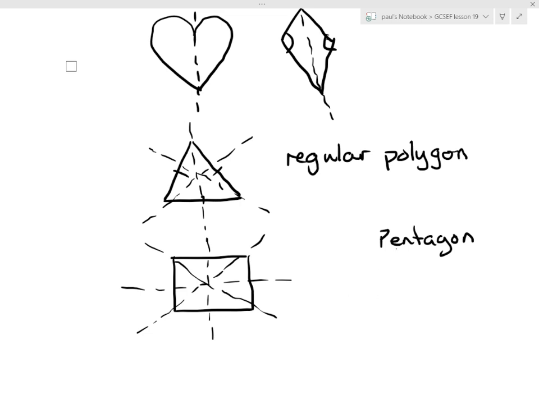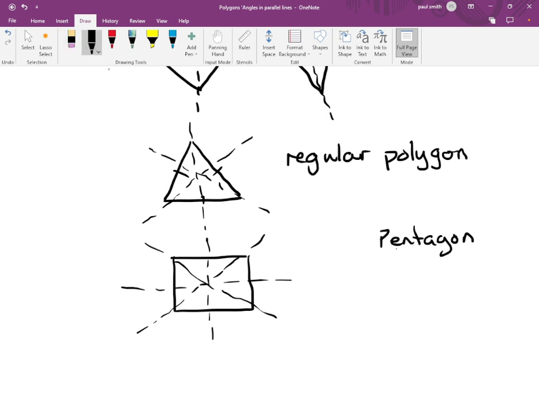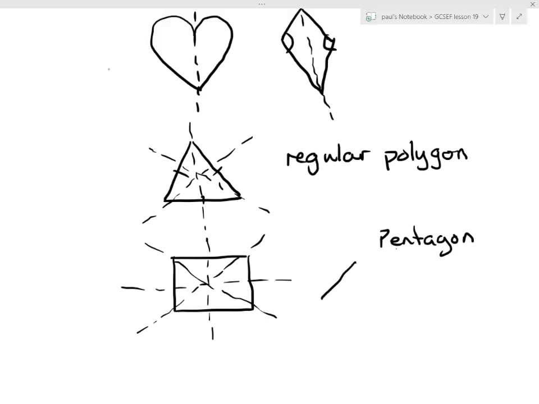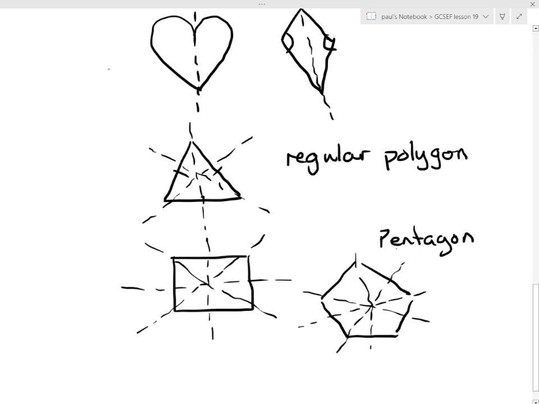Let's do that again. Got no preformed shape, so we're just going to have to, that's a bit long, isn't it? Yeah, so this goes to the opposite side if it were drawn properly. How many we got there?